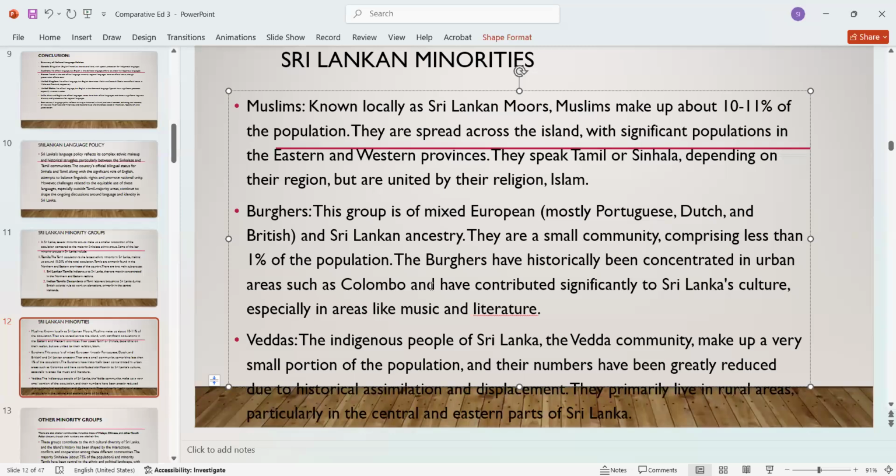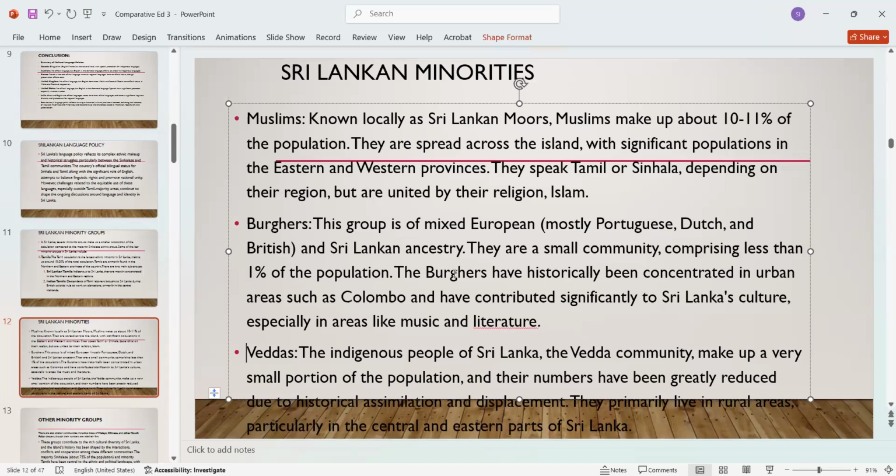They primarily live in rural areas, particularly in the central and eastern parts of Sri Lanka. Right, so I heard in Ampara district the Telugu people are also living there, and they are speaking a different language than our three languages. So these are the Sri Lankan minorities.